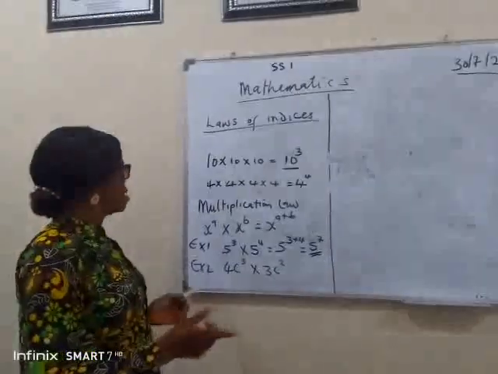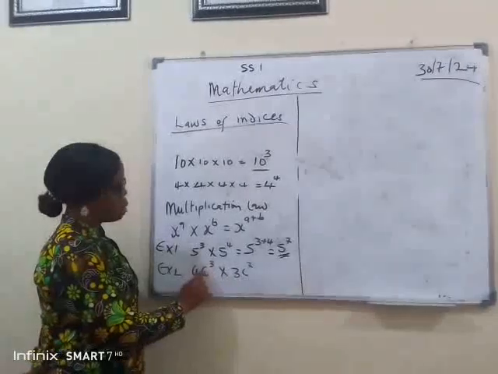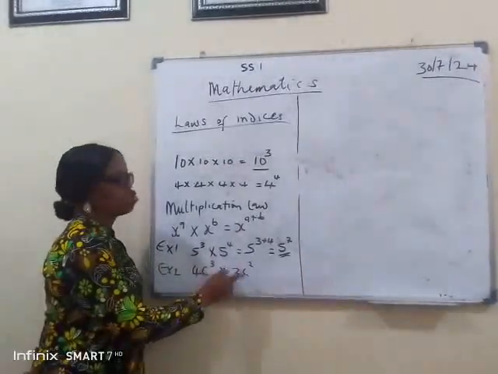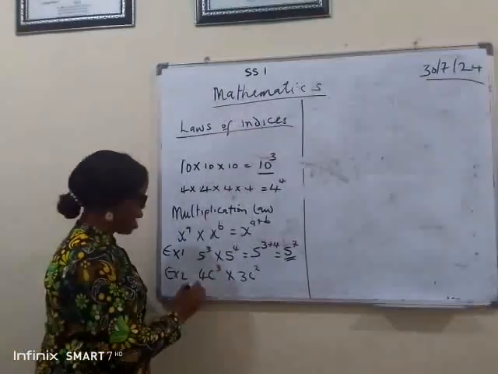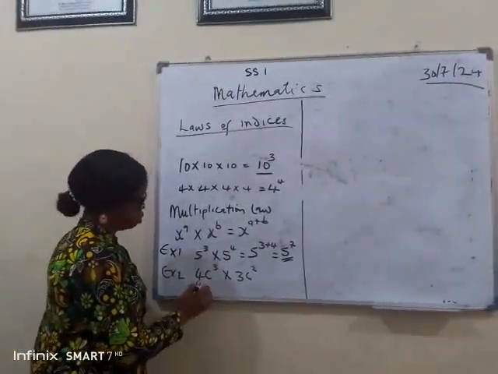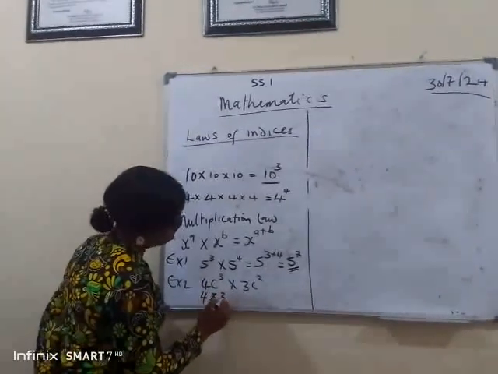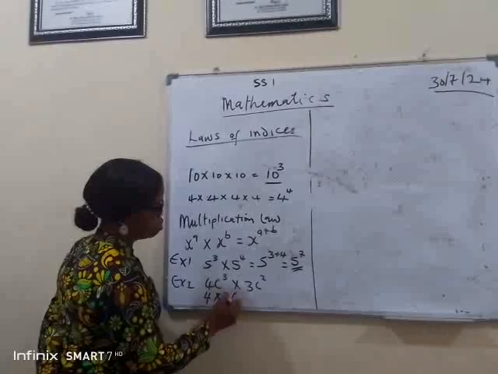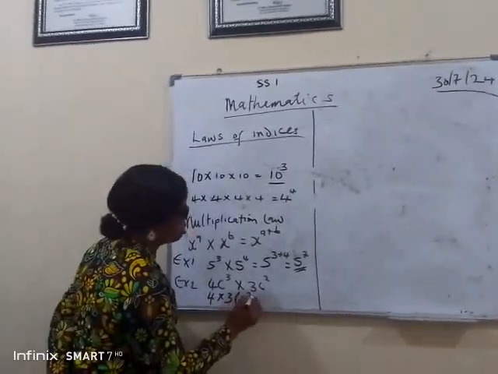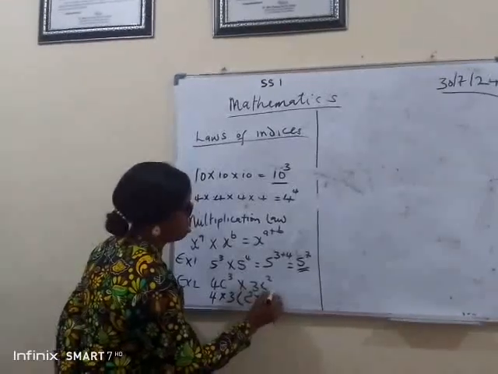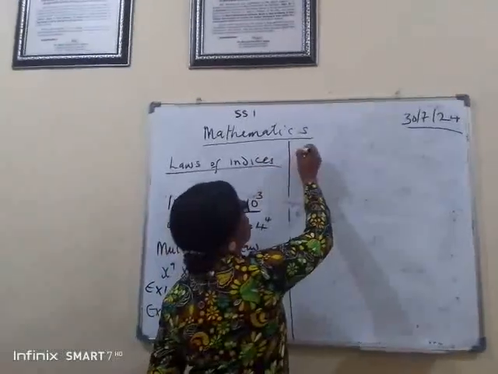In this case, the normal thing I will do is to multiply 4 by 3 and then apply the law to those letters or numbers that are in index form. Now see what it's like. I have 4 times 3, then I put bracket c to power 3 times c to power 2. What do I have? 4 times 3 gives me 12.